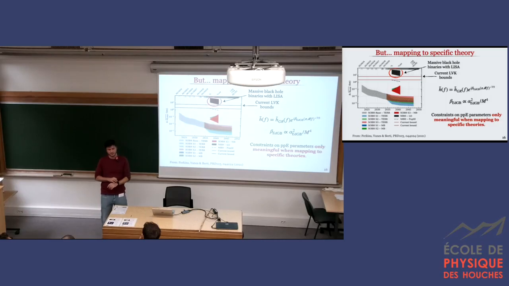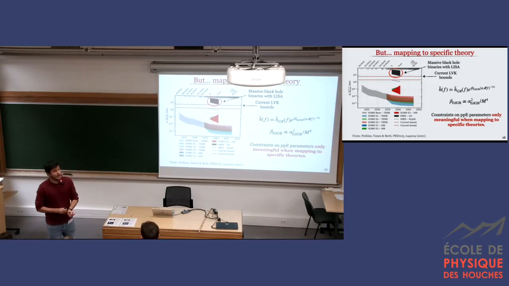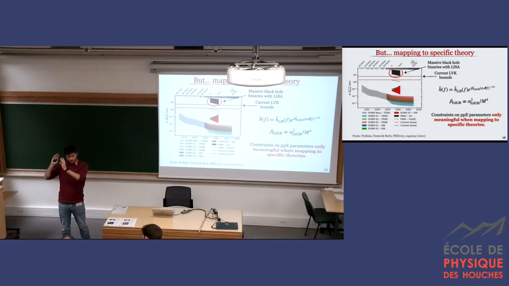But doesn't that sort of kill the theory agnostic direction? No, I'm not saying that it's pointless. You should do it because that's the practical thing to do. But you should not overinterpret those constraints, right?